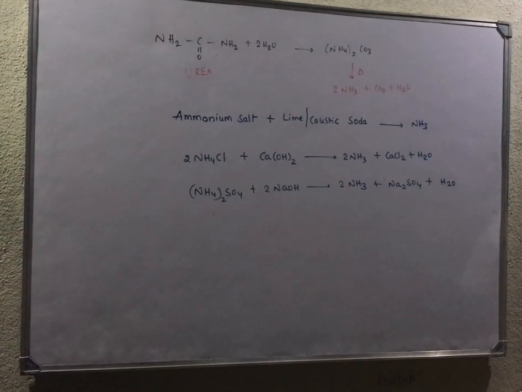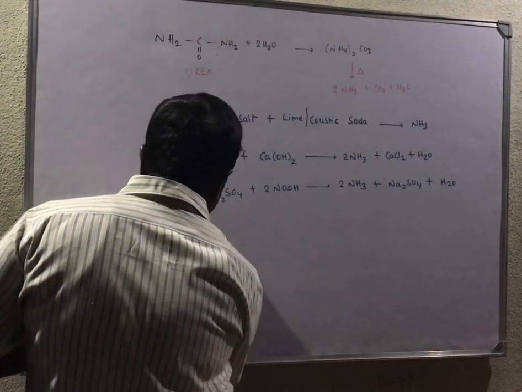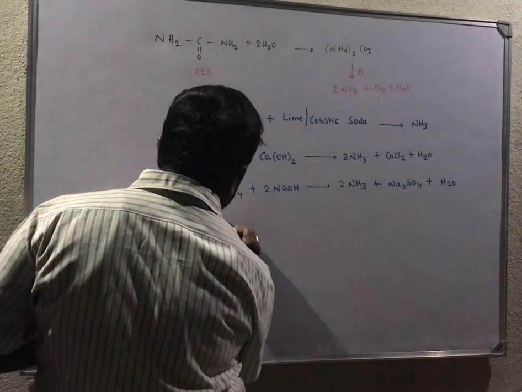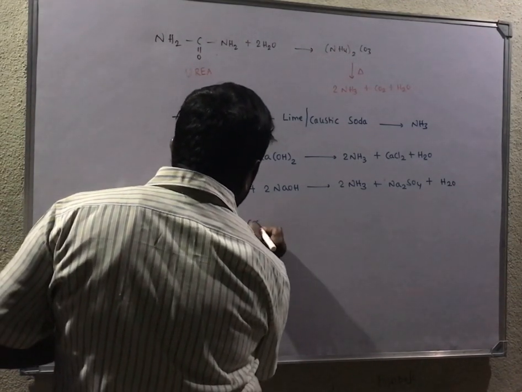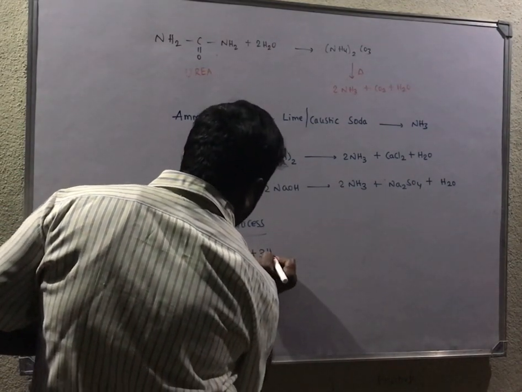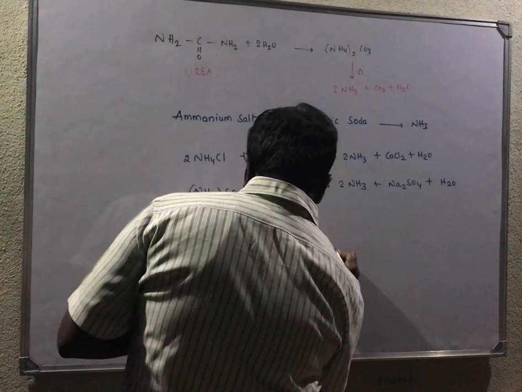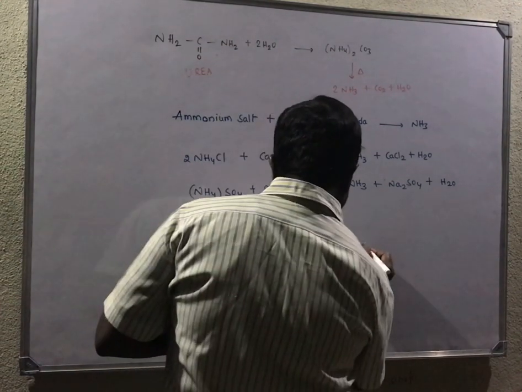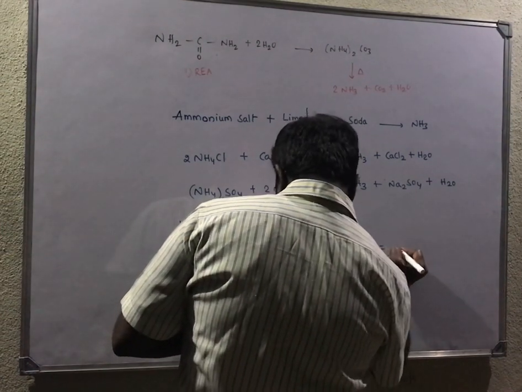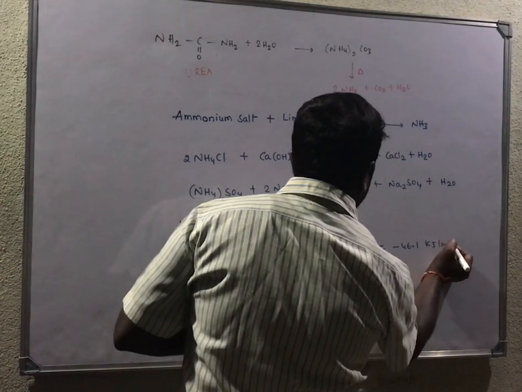In this process, N2 plus 3H2 in equilibrium with 2NH3, delta H equal to minus 46.1 kilojoule per mole.